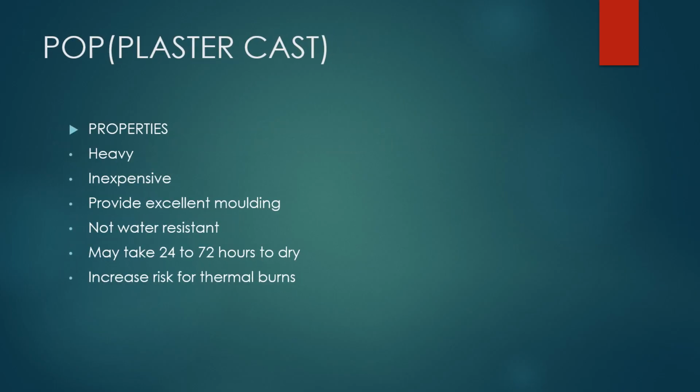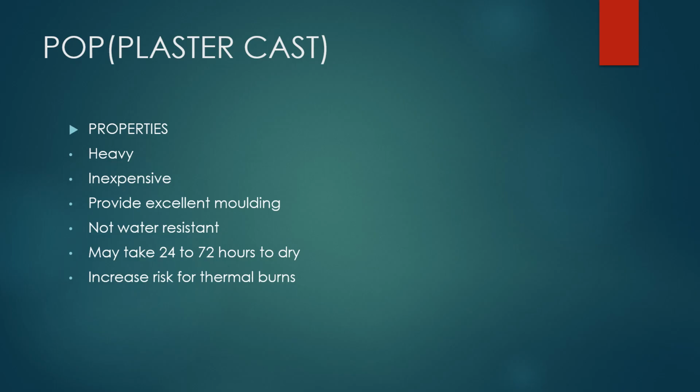So let's look at the properties of the plaster cast, which contains the POP, the plaster of Paris. So we have it being very heavy and it's not expensive, but it provides excellent molding, and it's not water resistant, and it may take a longer period to dry, which is from 24 hours to 72 hours.